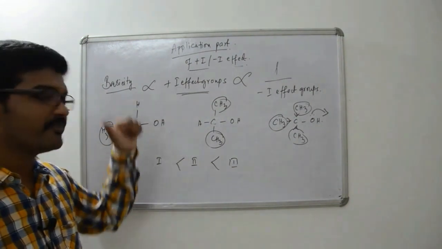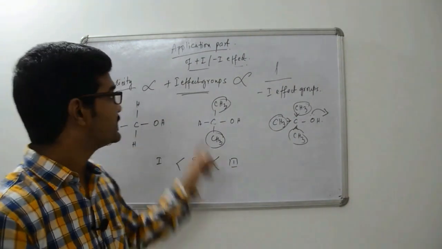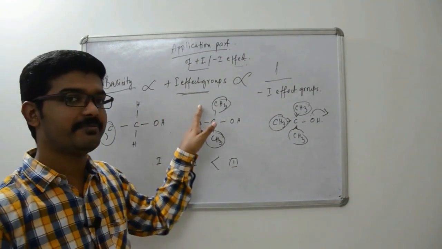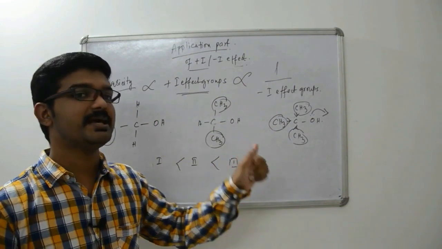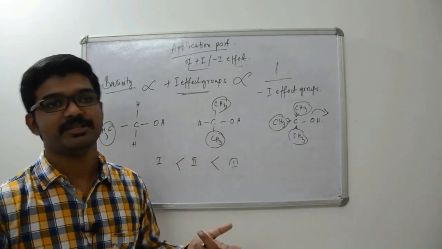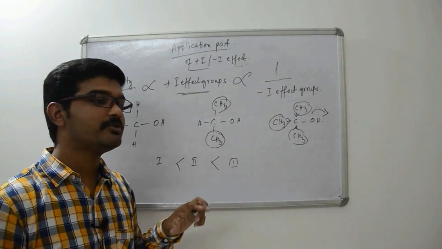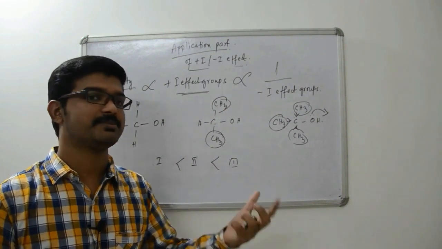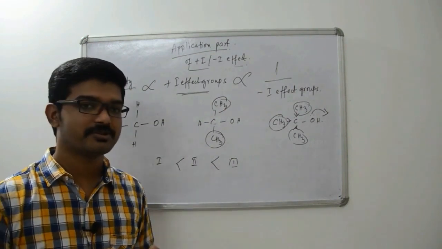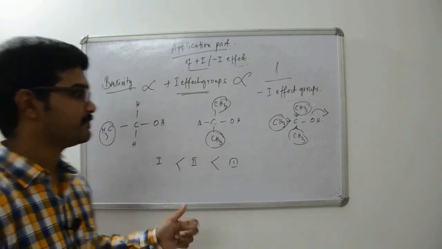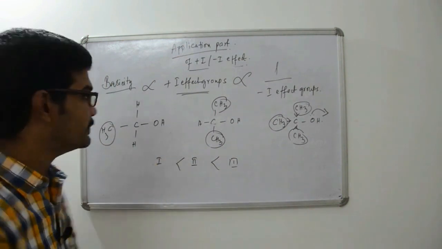Whereas in case of basicity, the more the number of plus I effect groups, the more is the basicity of the organic species, because plus I effect groups donate electrons, whereas minus I effect groups withdraw electrons, as we have studied earlier. Let us move to another example.